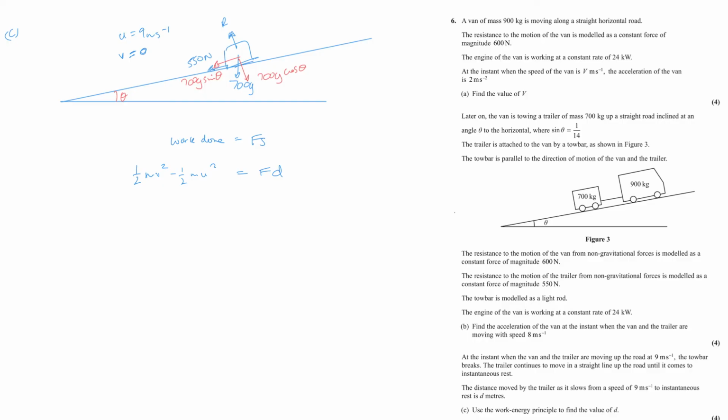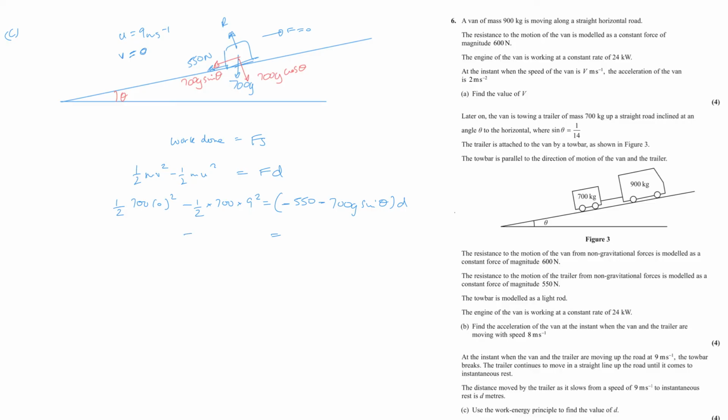So half times 700 times 0 squared minus a half times 700 times 9 squared. And the force, now there's obviously no force going up anymore, so it's just going down. So minus 550 minus 700G sine theta times by d.